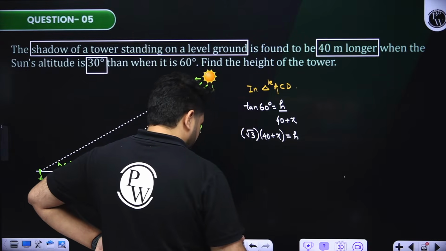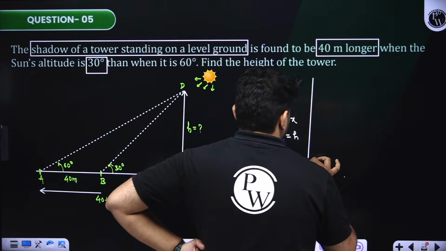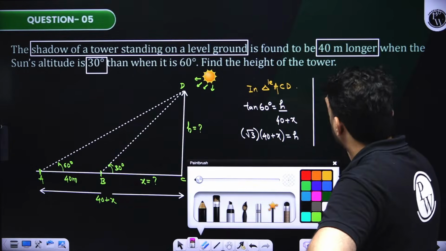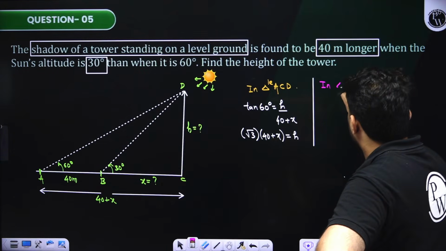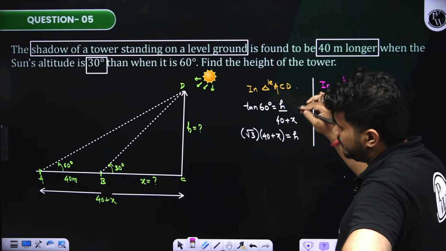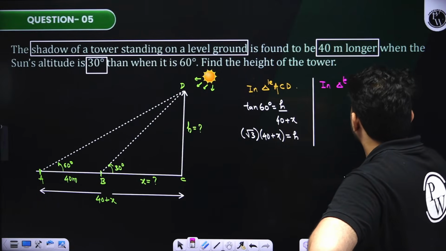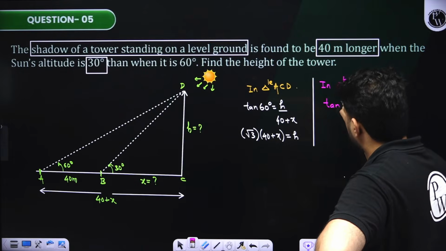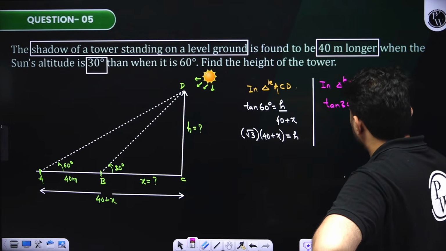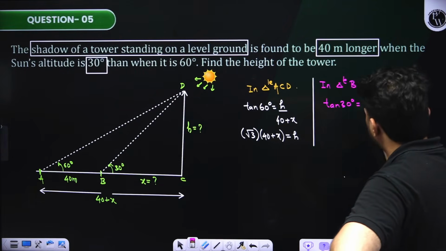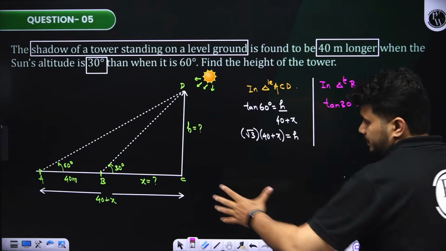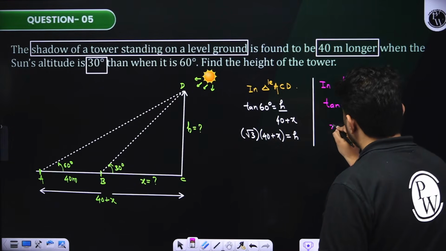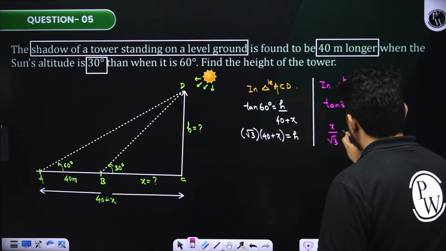Clear? Now see how to solve this. Again in the next triangle, in triangle BCD, tan 30 degrees is nothing but what? h by BC, that is x, which is nothing but x by root 3 is equal to h.